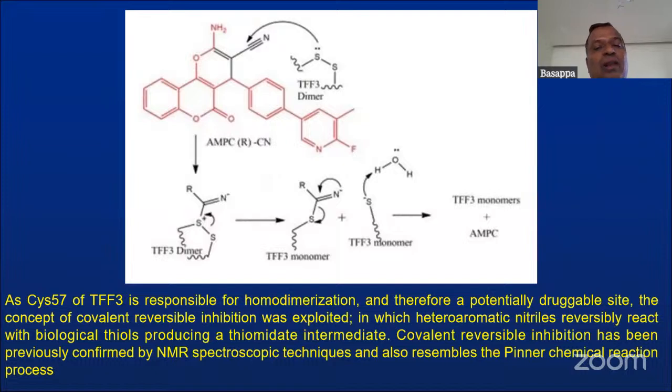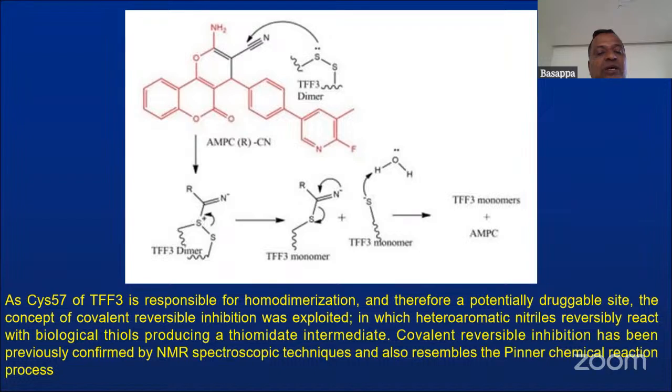Coming to the ligand binding mechanism, which I proposed for the first time: the trefoil factor 3 dimer sulfur is reactive toward the nitrile group of AMPC, so a complex between the TFF3 dimer and the ligand could occur.